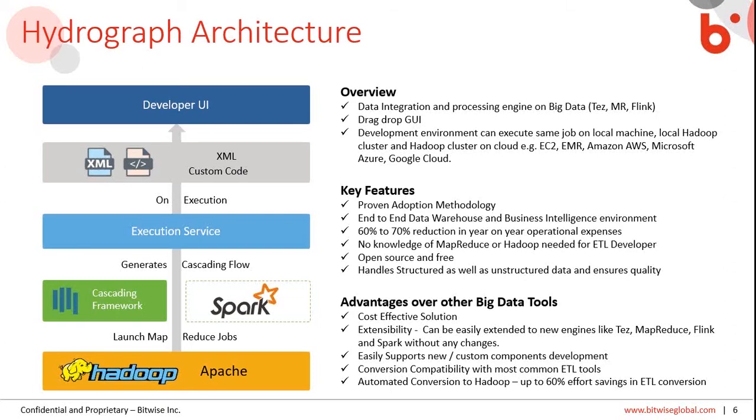So now all you do is write one XML file calling these components in a sequence, and what we wrote is, as you see in the blue stripe, the execution service that sits between the XML layer and the Cascading framework, and it transforms the XML and generates the Java wrapper around Cascading at runtime.